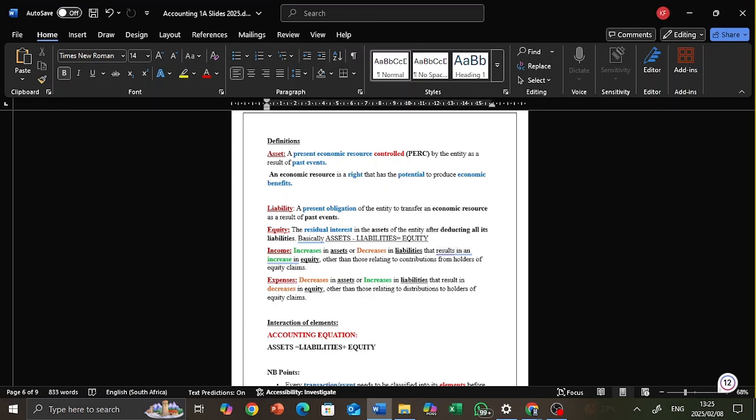So if we're paying rent, or we owe a lease for leasing a truck or a machine, any money that we owe, we need to subtract it from the value of our assets in order for us to have the residual interest.